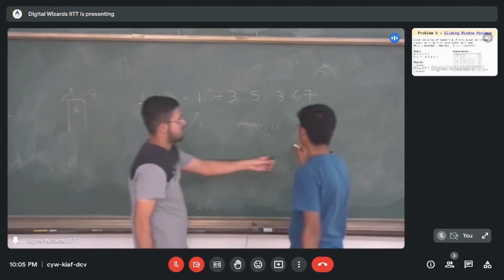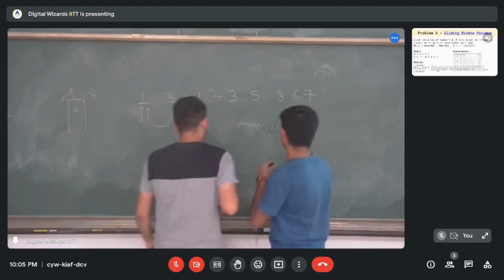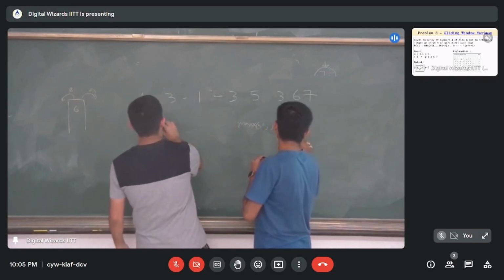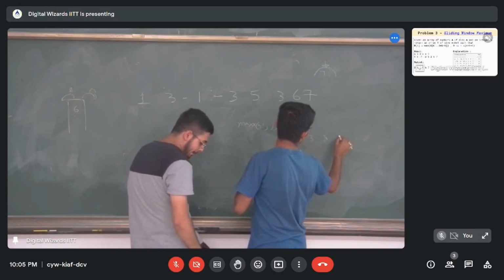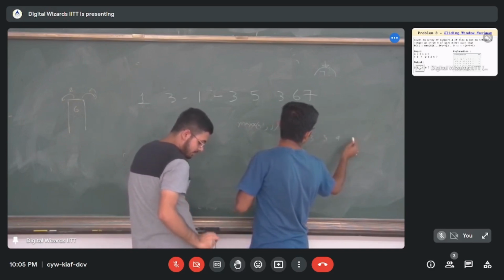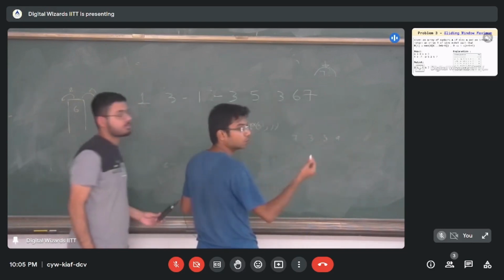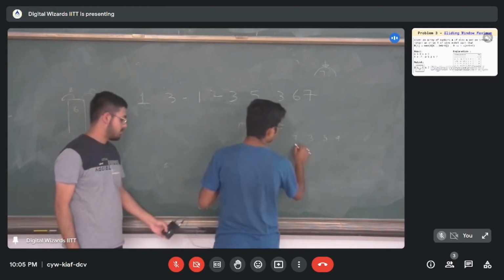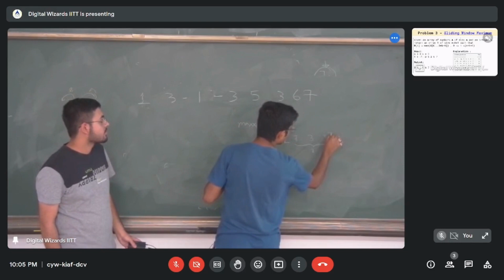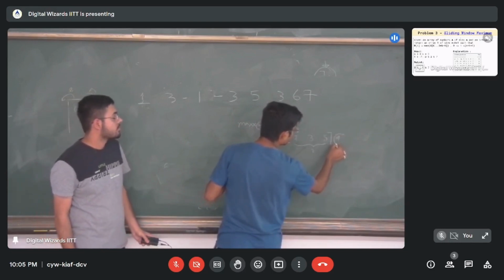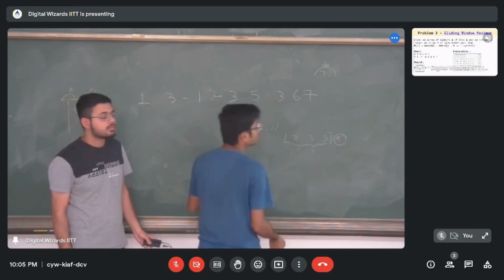Let's say at some point you have these elements: 7, 3, 5, 4. Let's say you want a window size of 3, and you already have this window. Now you need to include 4 into this window.